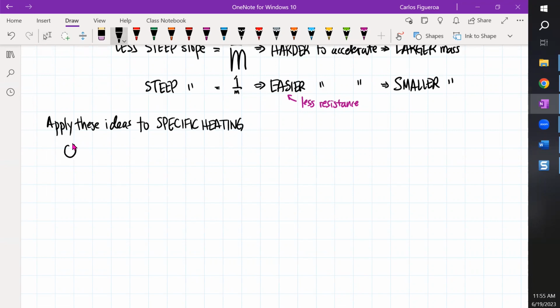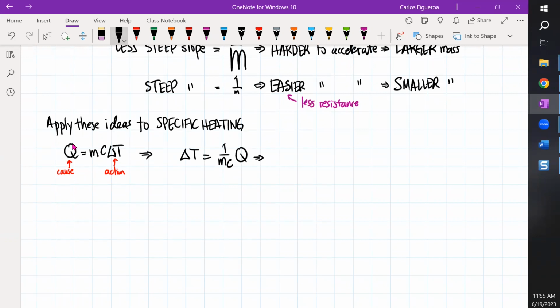Specific heating tells me that this is MC delta T. Or I can rewrite this as, again, this is the cause here, and this here is the action. So if I change that, it should look like MC over 1 times the heat.